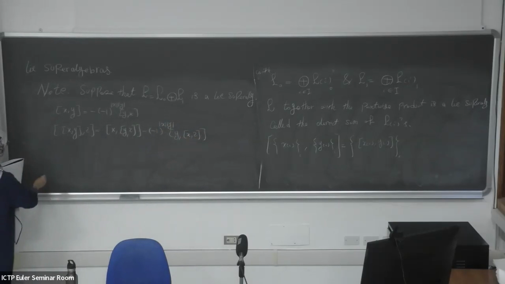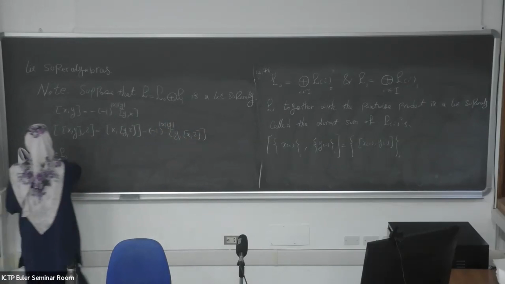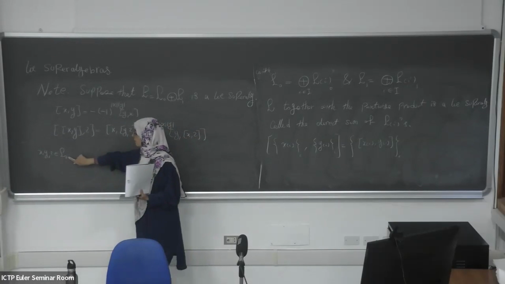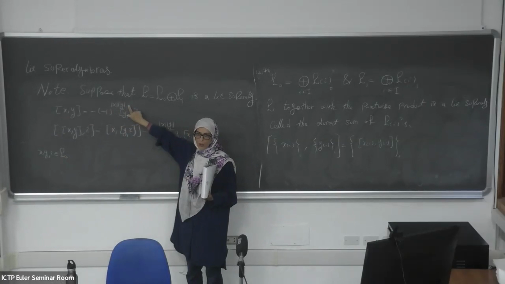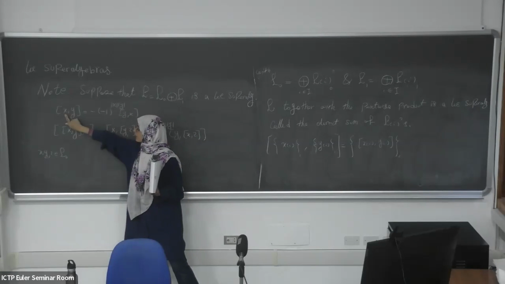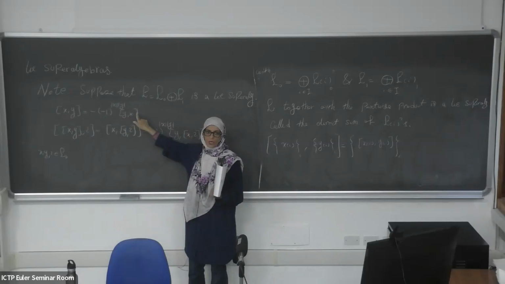Suppose that x, y, and z are elements of L0. So degree x and degree y are 0. So the bracket of x, y is just minus the bracket of y, x.